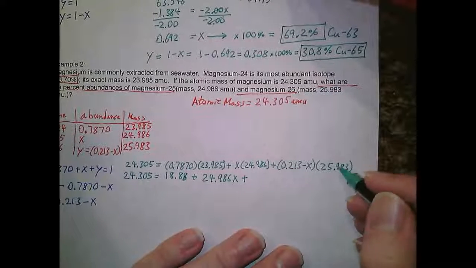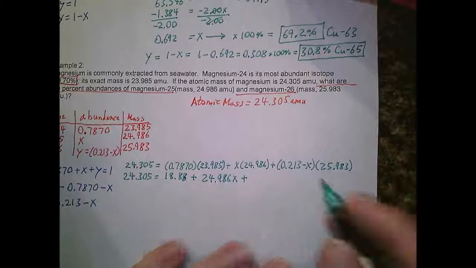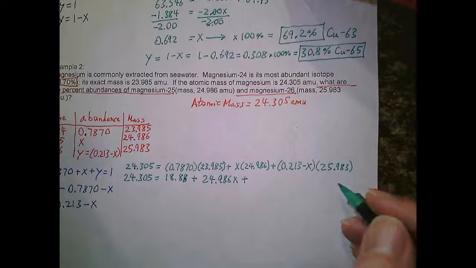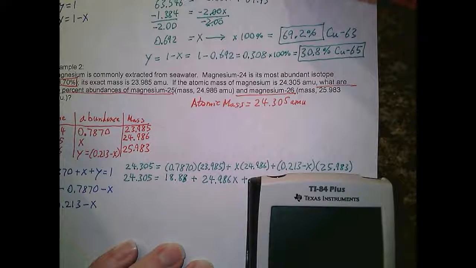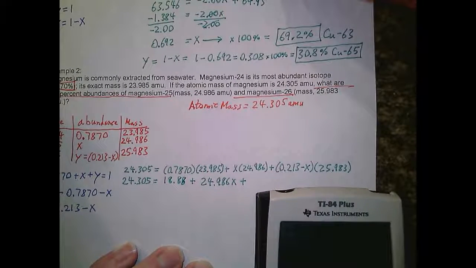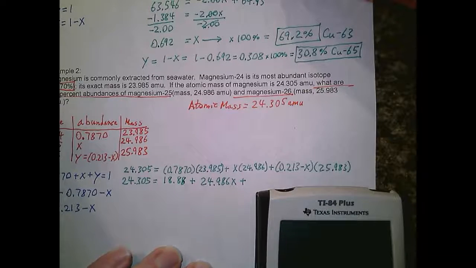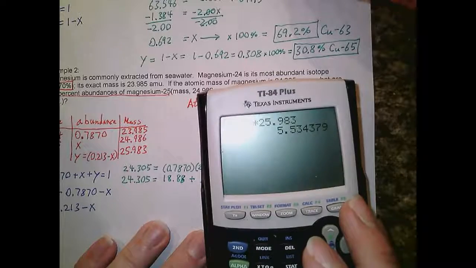Distributing, I'm going to multiply 25.983 by 0.213 and by negative x. 0.213 times 25.983, I get 5.53.